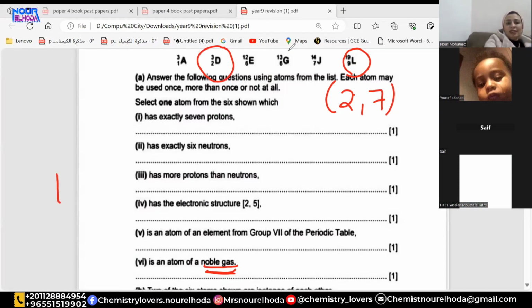You will tell me, Miss, but helium in the periodic table is written 4 and 2. There is no element in the periodic table 3 and 2. That's true. But it could be an isotope of helium. Since it has atomic number 2, this means it's a noble gas, the first one in the last group of the periodic table. Since it has 2 protons, for sure this is helium. Okay?